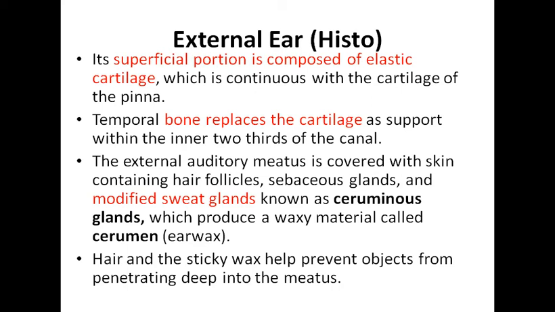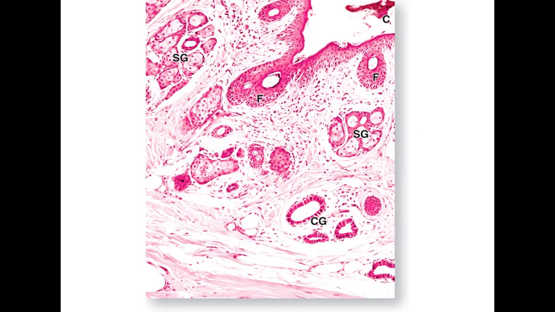So this external auditory meatus, usually the outer one third, is having the hair follicles, sebaceous glands, modified sweat glands known as ceruminous glands. The hair and the sticky wax help prevent objects from penetrating deep into the meatus. Now the objects can be any foreign particles, can be any insects.